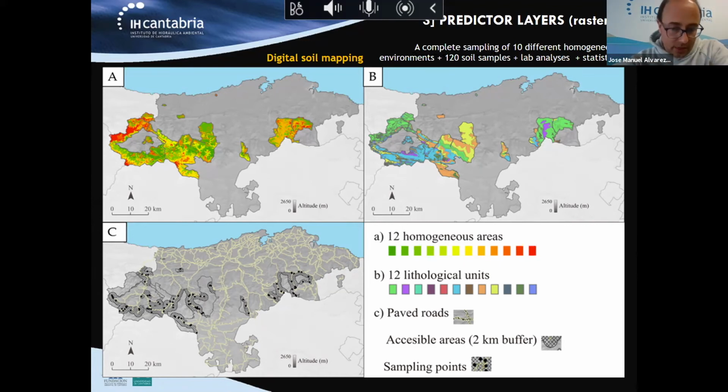Then, put in common with lithology, we identified areas to be sampled, for having a geographical and environmental coverage of the territory in terms of soil properties. I mean, I would like to have done 100,000 soil samples, but we had no money for that. We had money for doing 120. So we had to stratify the territory for distributing those 120 samples in the most efficient way.